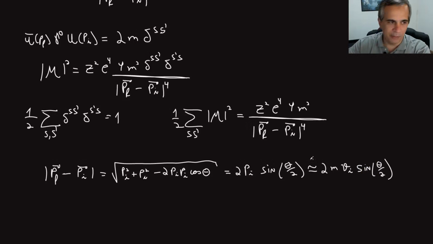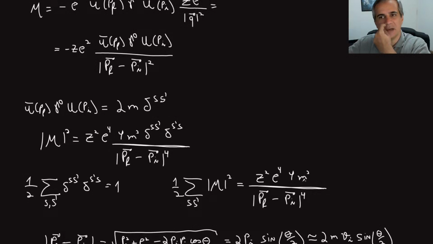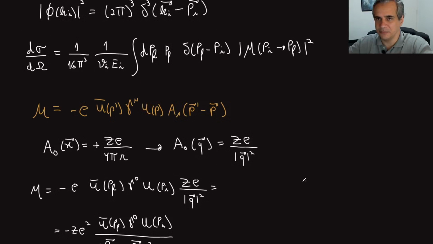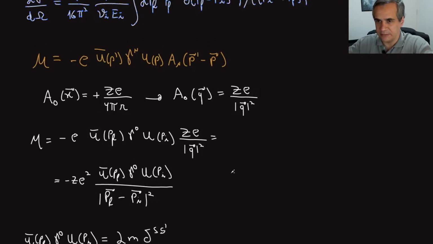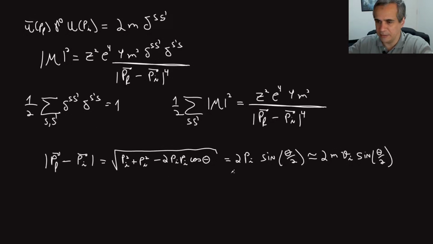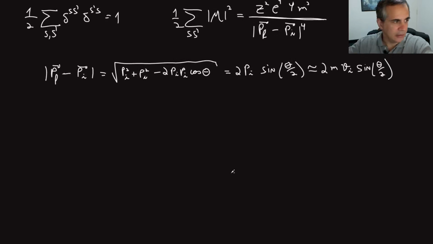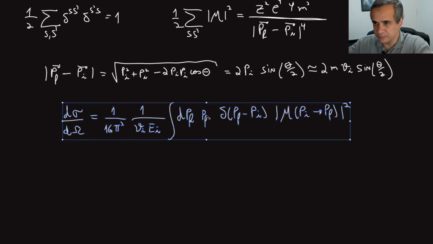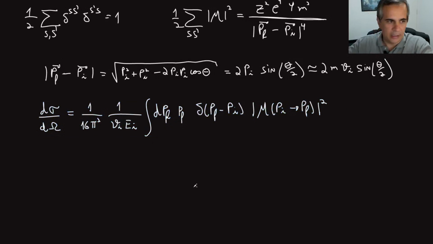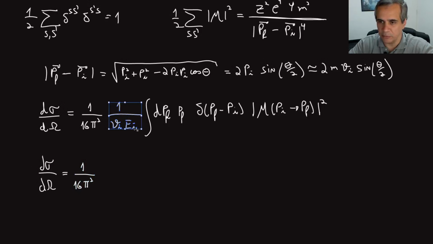Now finally I'll plug it in the cross-section formula. Let me copy it right here and write everything again. The d sigma, d omega is 1 over 16 pi squared. I'll just copy this part.